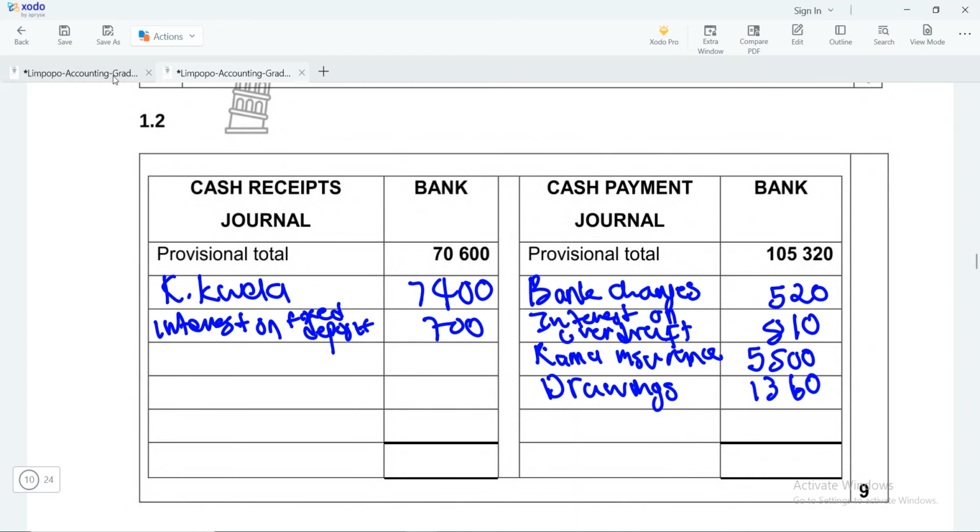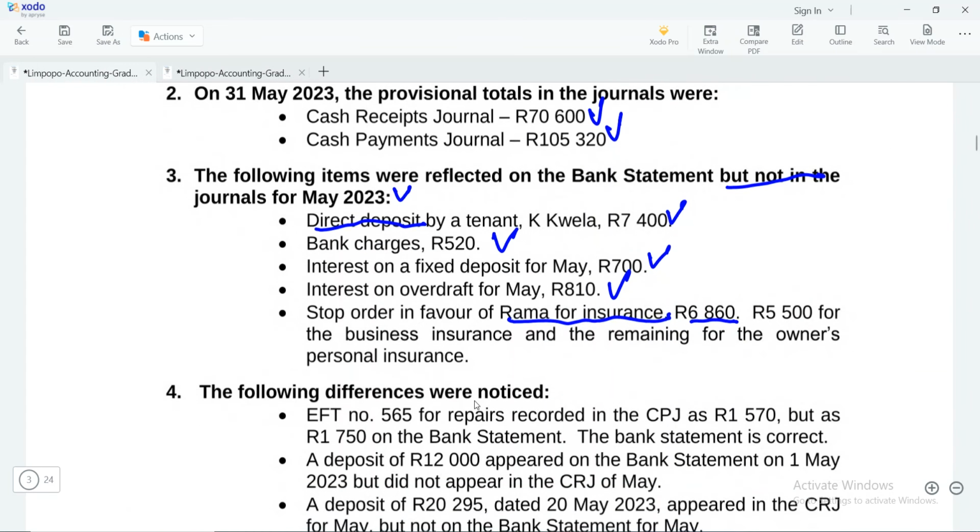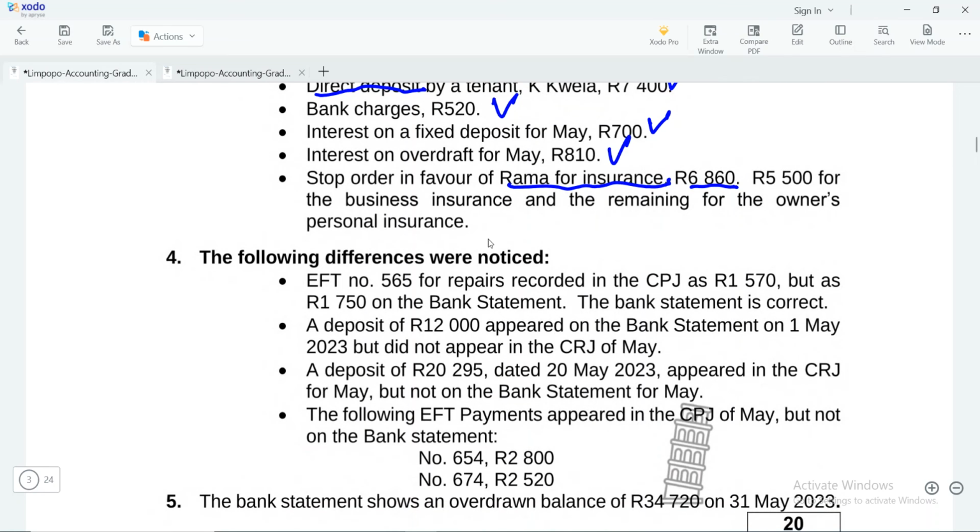Okay, and then next we can check. They're saying that the following differences were noticed. Now they are saying that EFT number 565 for repairs recorded in the CPJ as 1,570, but as 1,750 on the bank statement. And they are saying that the bank statement is correct.